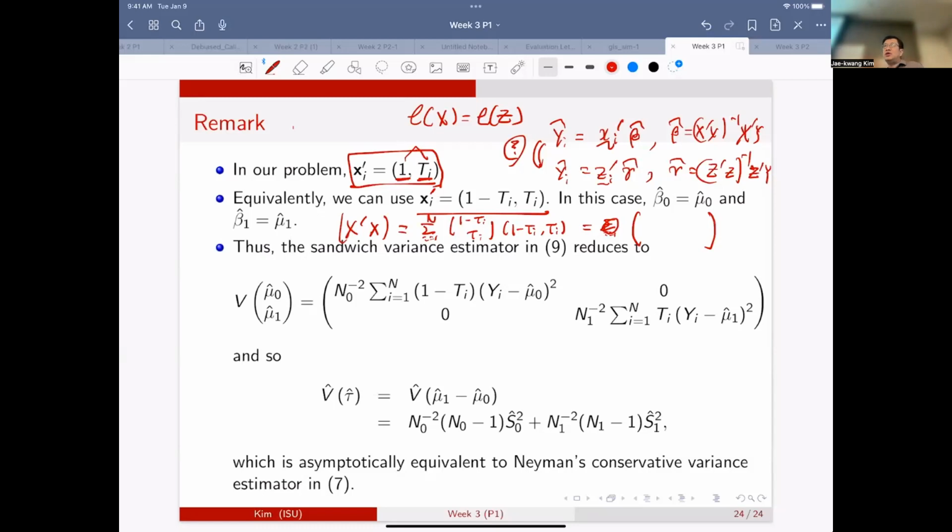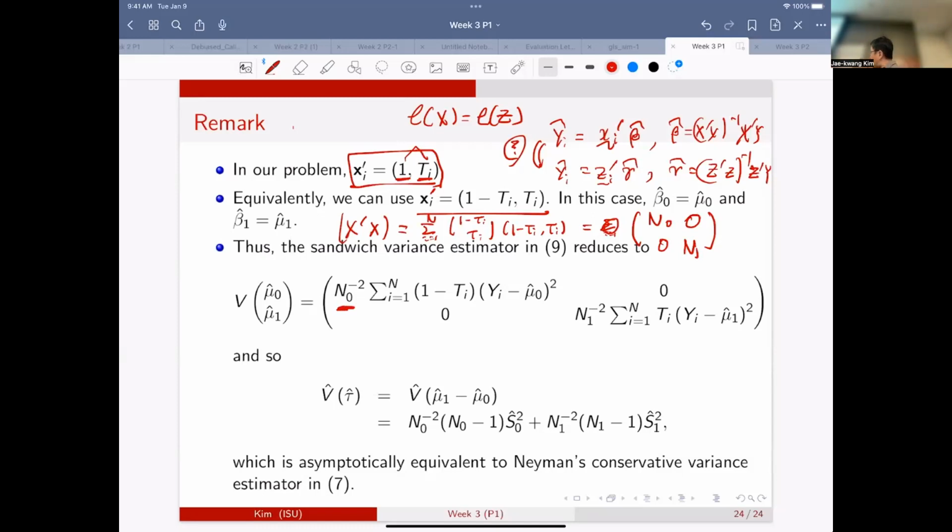Because they are either 0 or 1. So then it is actually N0, 0, 0, and N1. That's why you get this one.